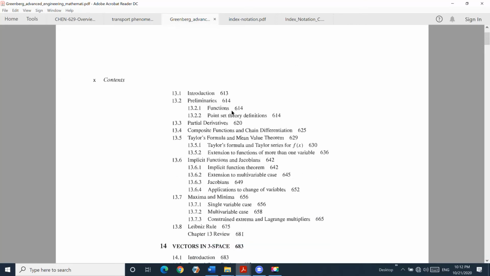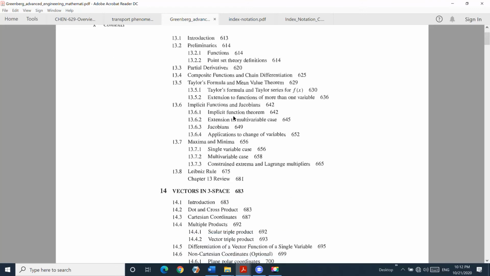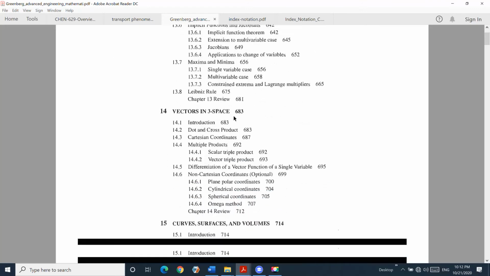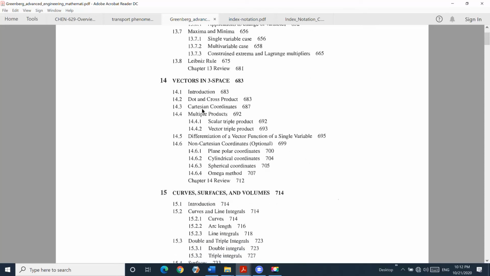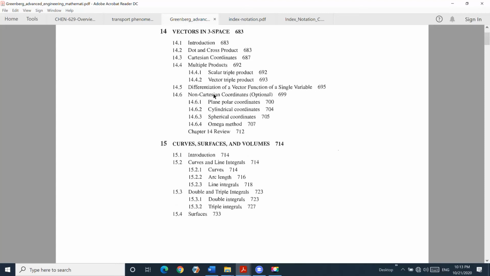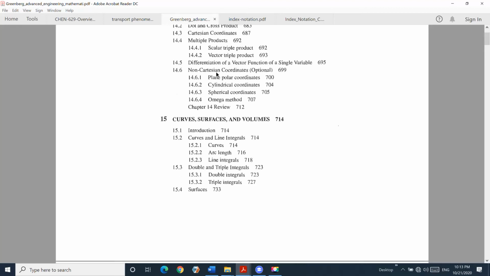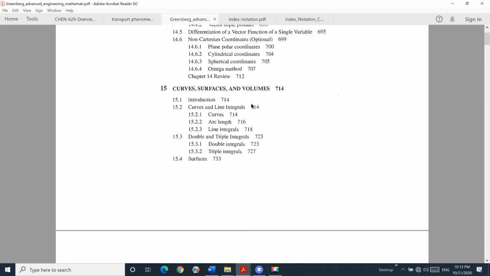It talks about PDEs, partial differential equations, Taylor series, the mean value problem, maxima and minima, and vectors in three space, dot and cross products, Cartesian coordinates, and multiple products with dot and cross products. Then the differentiation of a vector function of a single variable, and non-Cartesian coordinates: plane polar coordinates, cylindrical coordinates, spherical coordinates, and transformation between these coordinates.